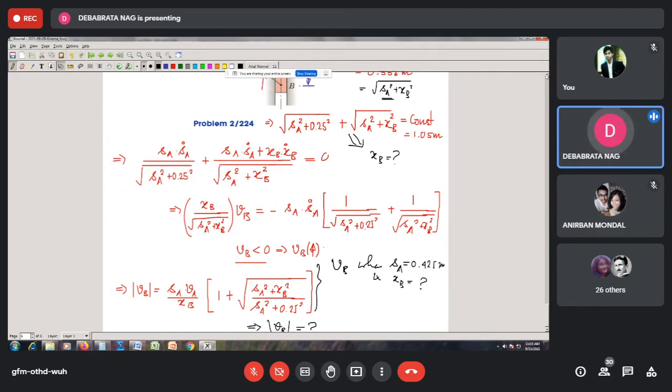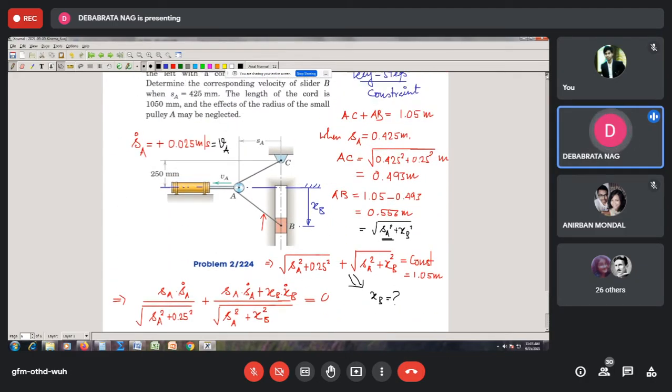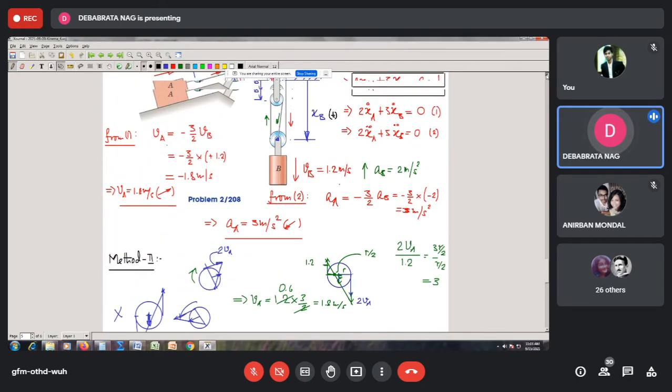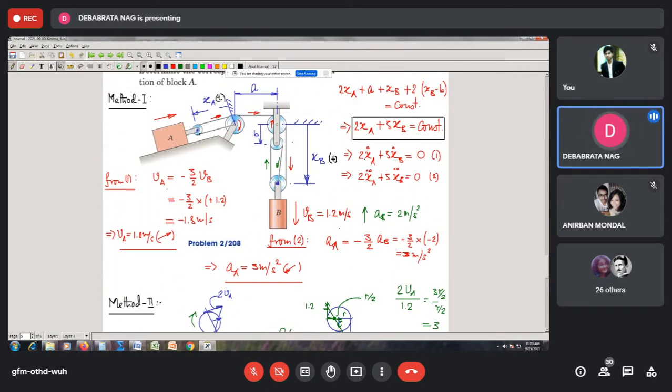Earlier, whatever constraints we have been using, if we recollect the previous problem, when you differentiate this constraint relation, apart from velocity no other factor is present.